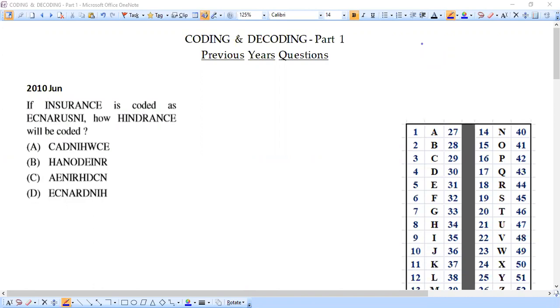But before getting into the problems, we all must be very sure about the basics of coding and decoding. If you have not seen that fundamentals session, kindly see that video and come. For your convenience, I will even attach the link of that fundamentals session here in the description box of that video.